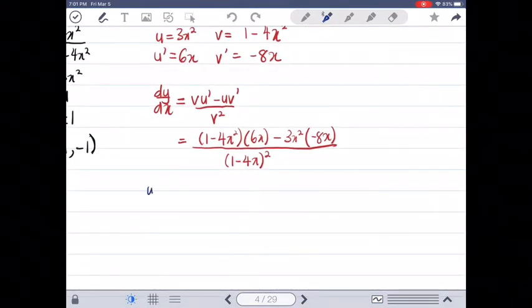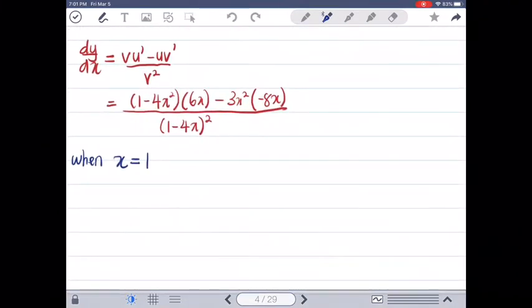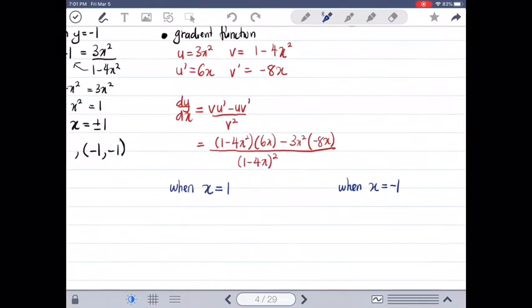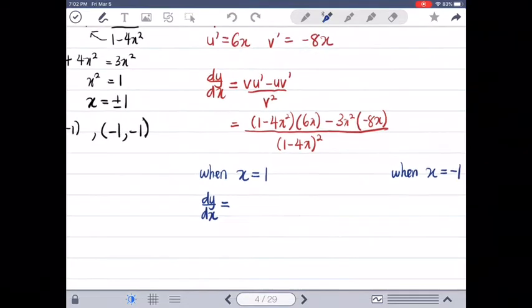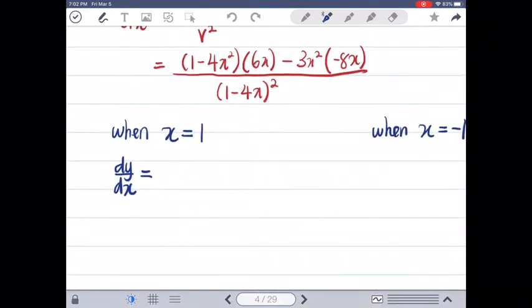So when x is equal to 1, and also we have the case when x is equal to negative 1. So when x equals 1, dy over dx, which is the gradient function, is just equal to, we just substitute the value into the equation.